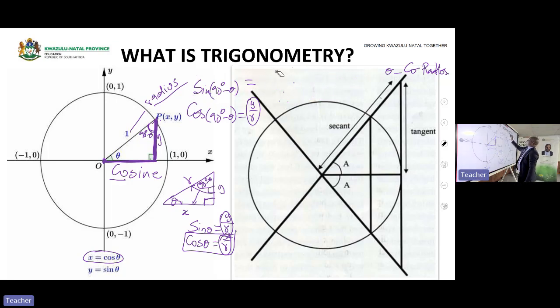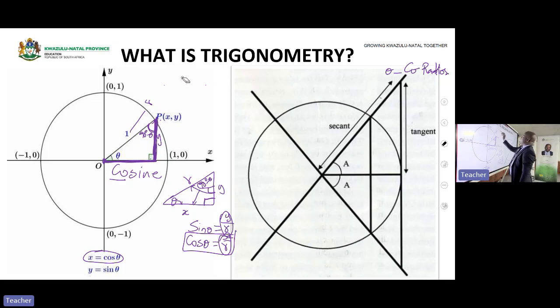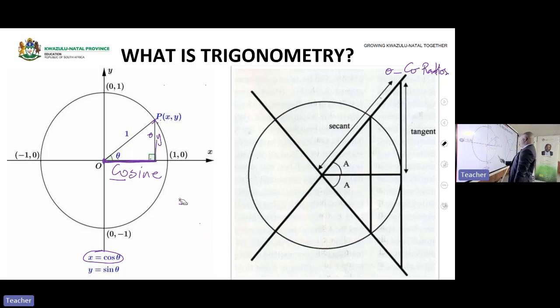Out of curiosity, they say tan is opposite over adjacent, which is the same as sine over cos. But on the other hand, the word tan means a tangent. Then what is a tangent basically? In mathematics, a tangent means touching at once, a line that touches at one point outside.